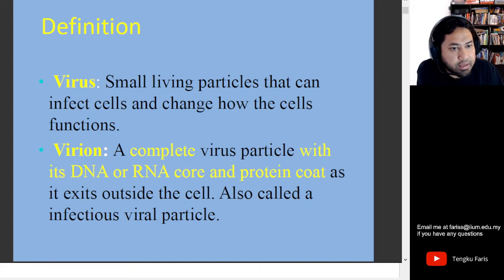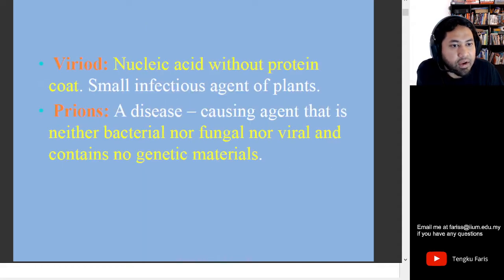Whatever it is, it originated from the virus itself, whether it's RNA or DNA, the capsid or some other protein structure. This is also called the infectious viral particle. How about the virions? It is nucleic acid without a protein coat on its own, like the DNA only or RNA only.